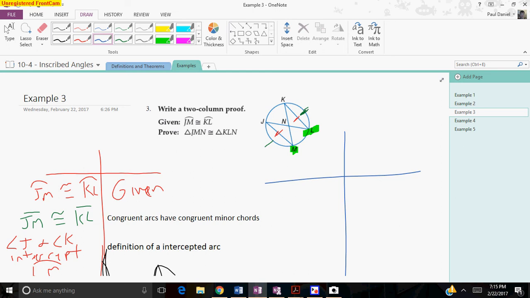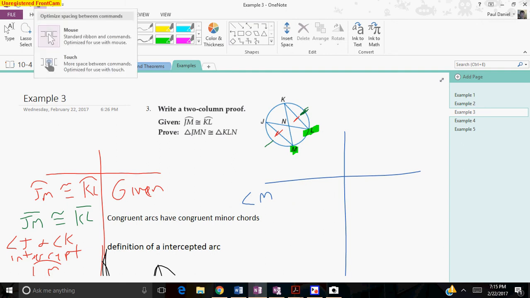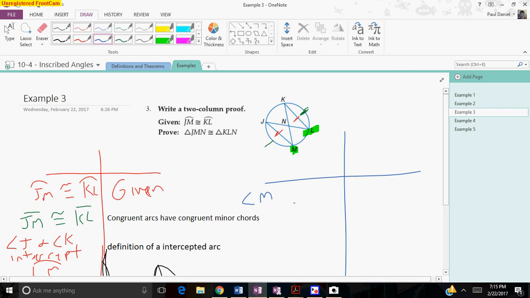So I know basically that angle M is congruent to angle L. Why are those two things congruent? They intercept the same arc.